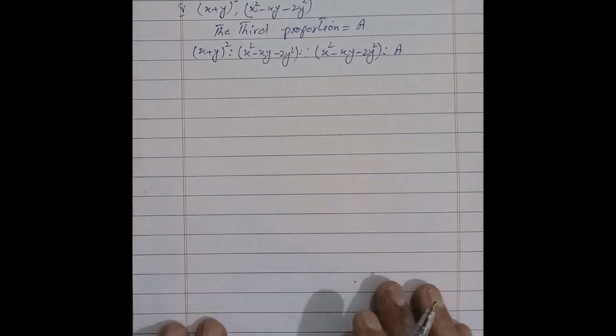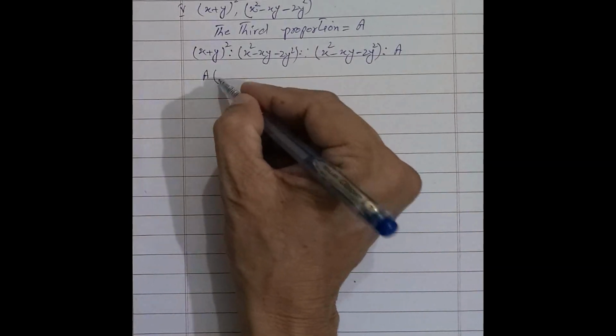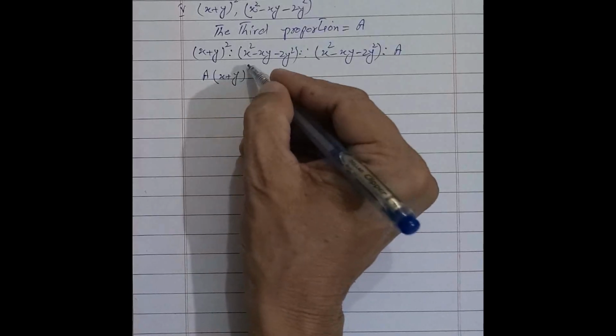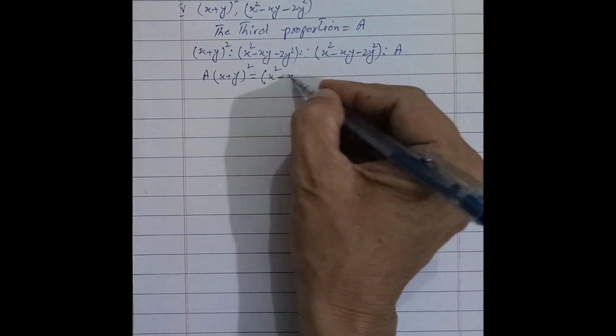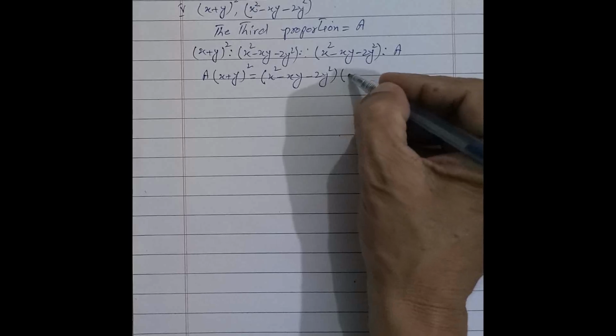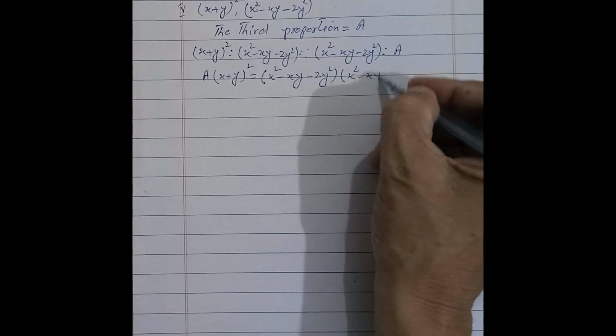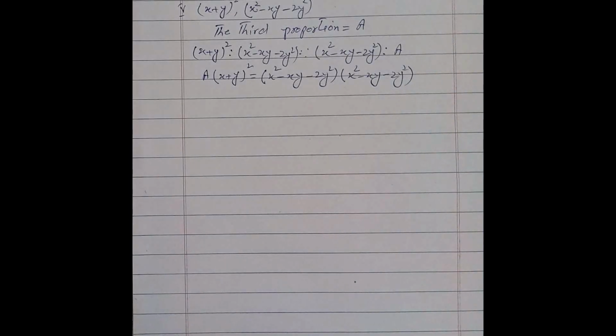Now we simplify these values and we know that the product of internal values is equal to the product of external values, which is a into (x plus y) whole square is equal to (x^2 minus xy minus 2y^2) whole square into (x^2 minus xy minus 2y^2) whole square.